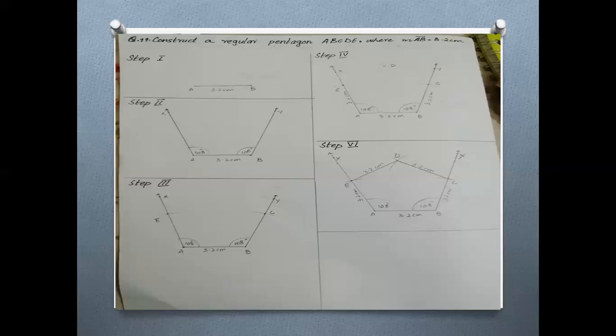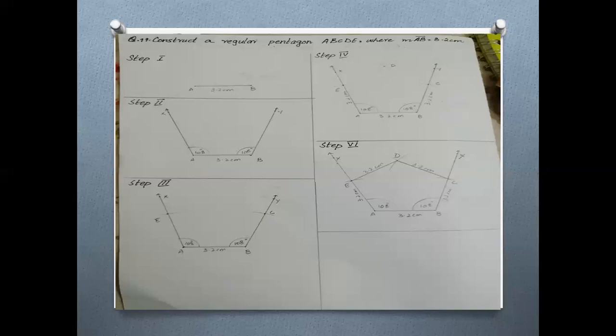Okay, I'm again repeating all the steps. Listen carefully, or if you are drawing, you will check your steps with the diagram. First, you will draw the line AB, 3.2 centimeter.